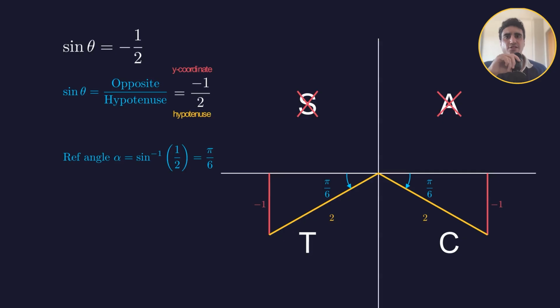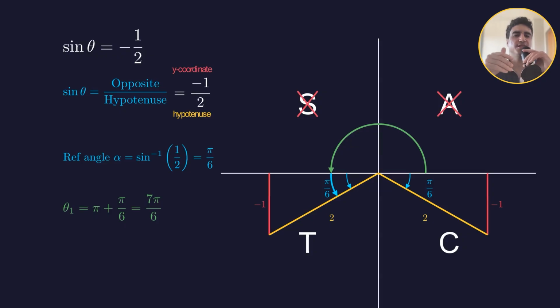And from this point, guys, it's quite simple, because all we have to do is look at our CAST diagram and say, well, look, we know in the T section that represents pi plus theta, and we know that theta here is pi over 6. So we've got pi going over as 180 degrees, and we're just adding that extra section on theta, which gives us 7 pi over 6.